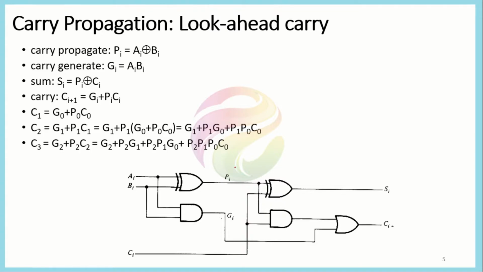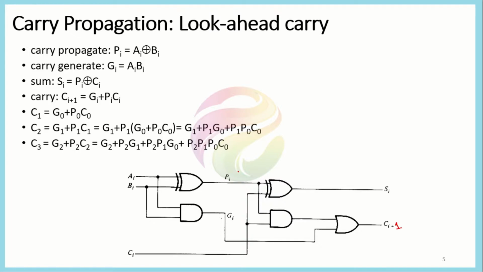In this circuit, this is the circuit of a normal full adder, which we have seen in the slide before. What we do is, for the sum and the carry term, we add two intermediate variables in the system.